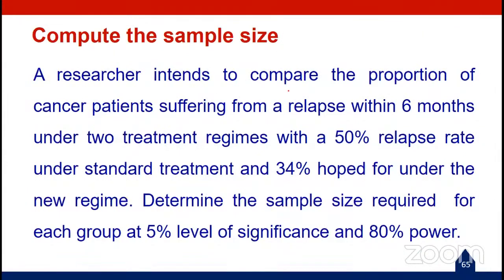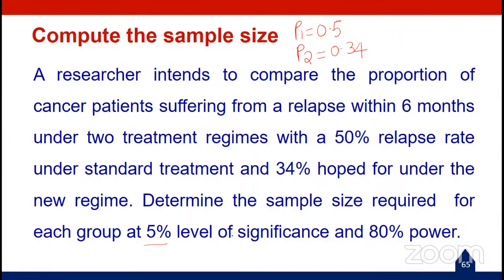A researcher intends to compare the proportion of cancer patients suffering from relapse within 6 months under two treatment regimes, with a 50% relapse rate in standard treatment and 34% under the new regime. That is, P1 is 50%, that is 0.5, and P2 is 34%, that is 0.34. Let's plug in.